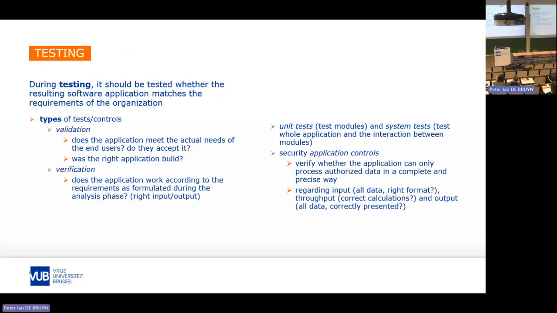And so why is this relevant? Because what organizations, what the end users need at the moment that we are testing the application, might not necessarily be the same thing as formulated during the requirements phase. Might be for several reasons.